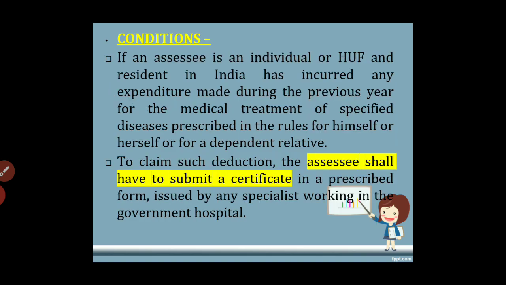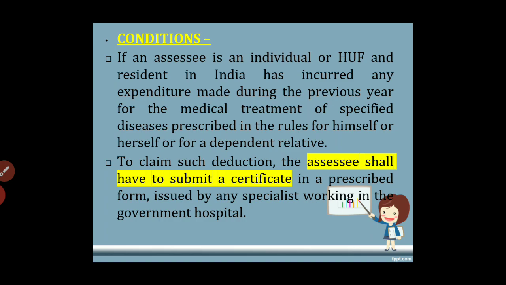Now what are the basic conditions to claim these deductions? Number one, an assessee who is an individual or HUF and resident in India has incurred any expenditure during the previous year for the medical treatment of a specified disease prescribed in the rules for himself or herself or for a dependent relative.